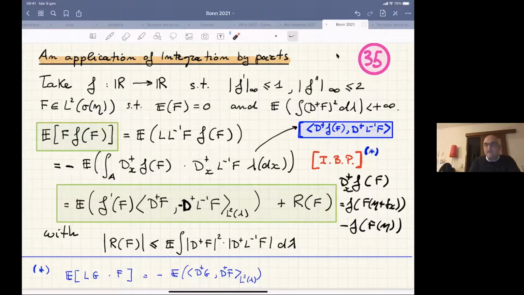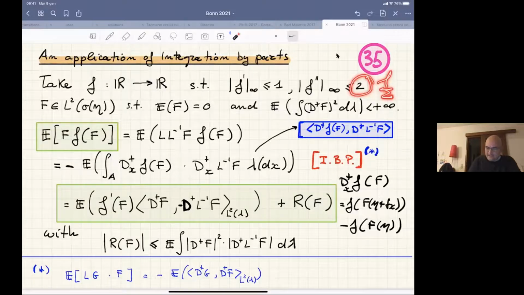And I can therefore apply a Taylor expansion at the order 1 because I have the correct degree of regularity. And so I can write this as f prime of f multiplied by d plus f and then minus d plus L minus 1 of f. So I brought the minus inside the inner product. And then I have a residual term, a remainder. And this remainder is controlled by the Taylor expansion and by this bound on the second derivative by the 2 simplifies with the 1/2 in Taylor.